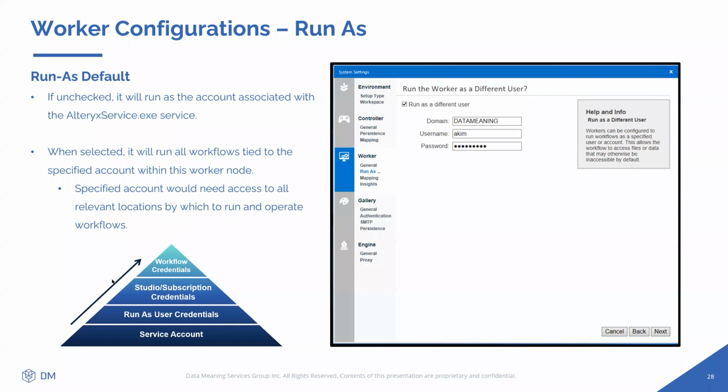But be aware that this studio and subscriptions may be deactivated in the next versions of the Alteryx. And then we're going to use the run as user credentials, the ones we have defined here. And then if any of these was not valid for running the workflow, then it's going to use the service account. Okay.